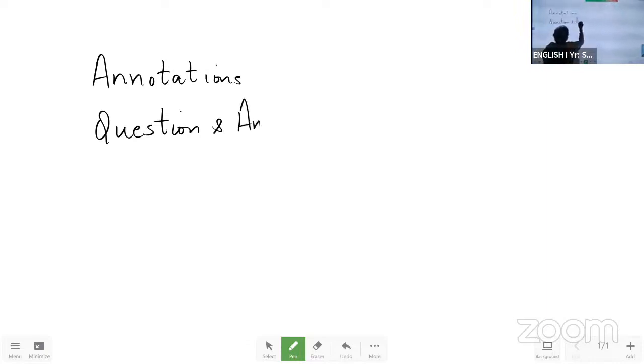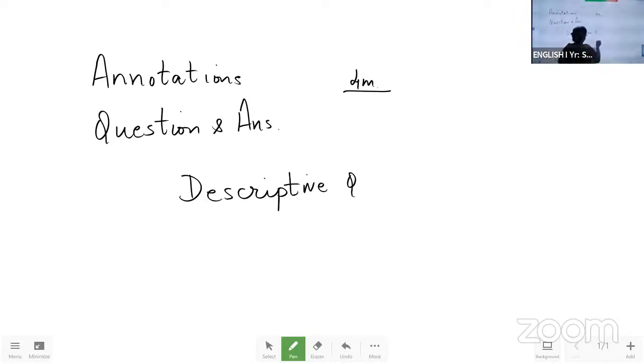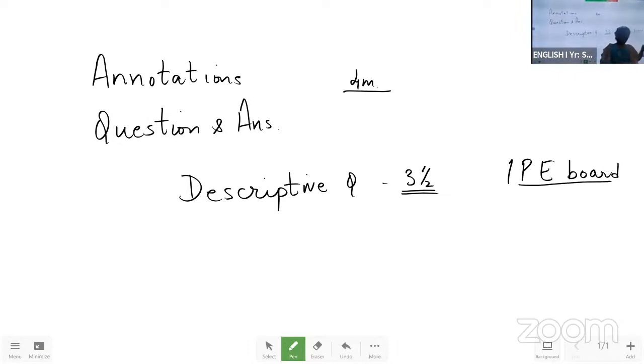All your questions carry 4 marks. But like I already told you, in descriptive answers or descriptive questions, you are not accorded full marks. As per the IPE board, we are not supposed to give you full marks.